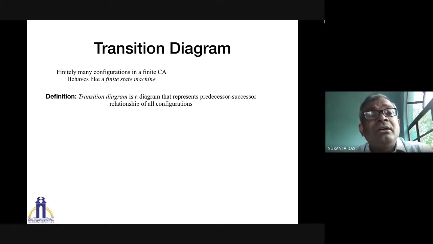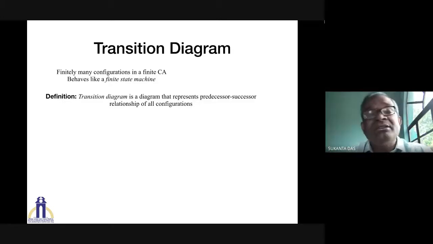So the definition of transition diagram. A transition diagram is a diagram that represents the predecessor-successor relationship of all configurations. Since you have a finite number of configurations, at least theoretically you can draw all the configurations, and then find who is the predecessor of a given configuration and who is the successor.